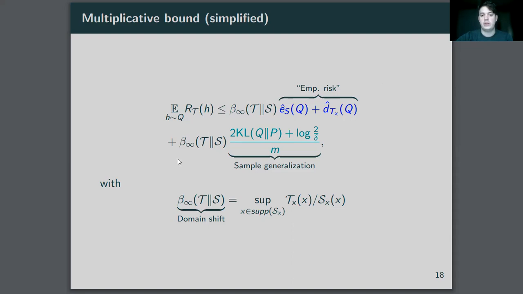In addition to that, we also have the same term multiplied with the whole of the sample generalization term that depends on the KL here. And this beta term is one of the domain shift terms in this bound. So it's more or less an importance weight, as you can see, very closely related to it.